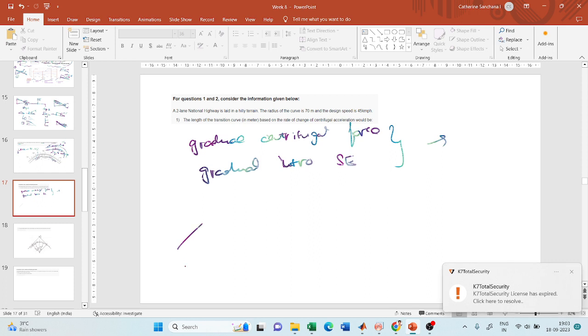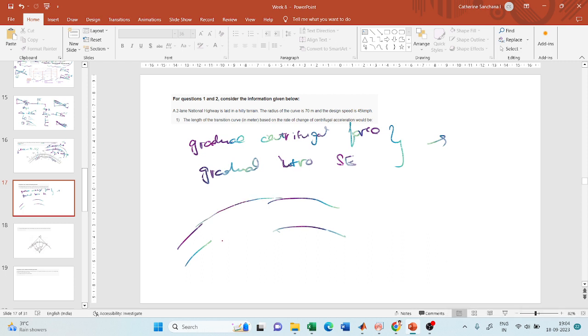So if this is my straight section and this is my curved section, the horizontal curve, this is my transition curve, and say it has a length equal to Ls. Now this length will depend on the rate at which the centripetal acceleration is introduced.